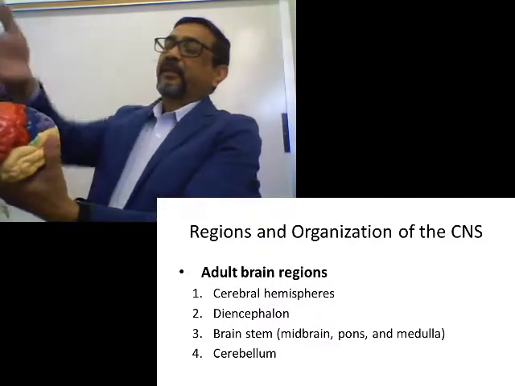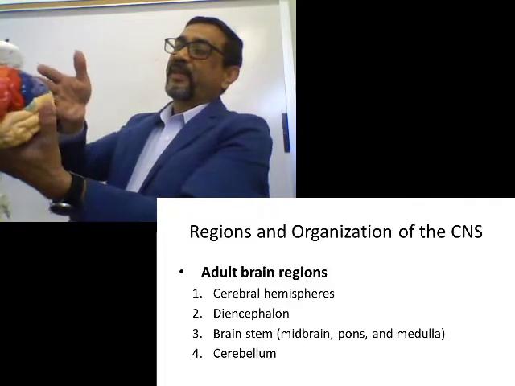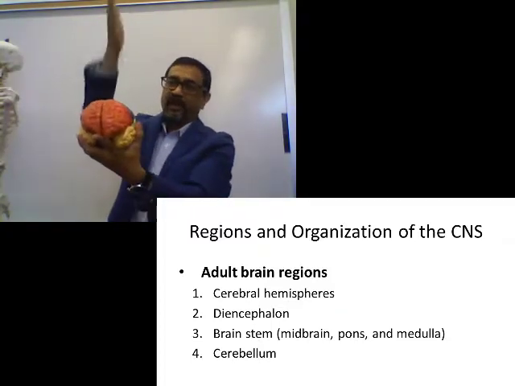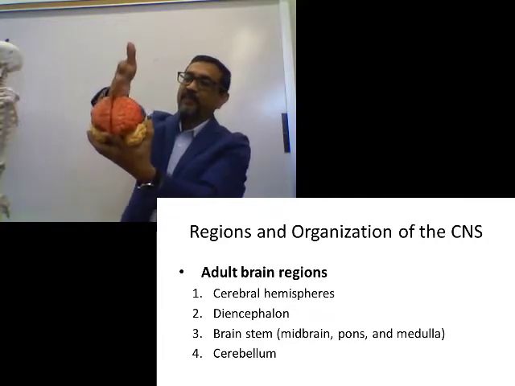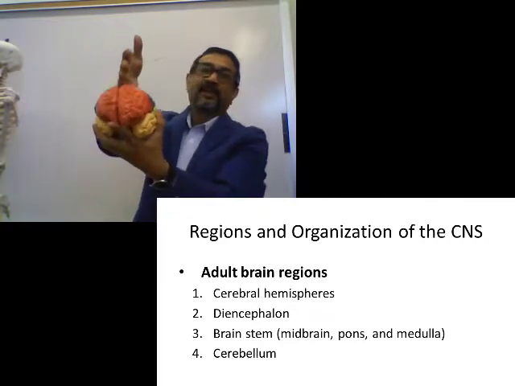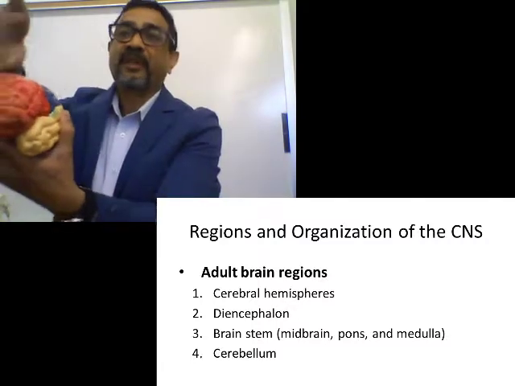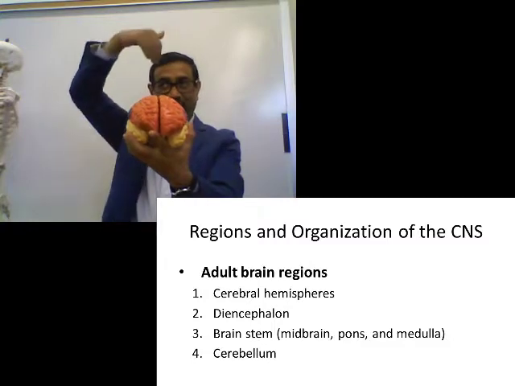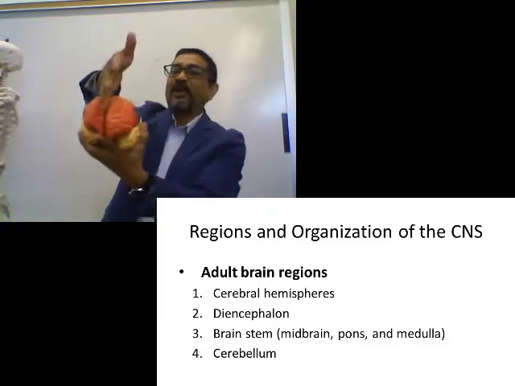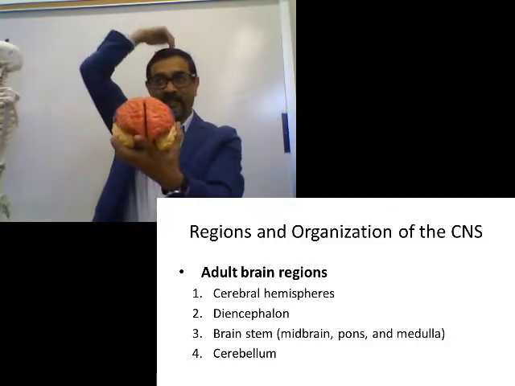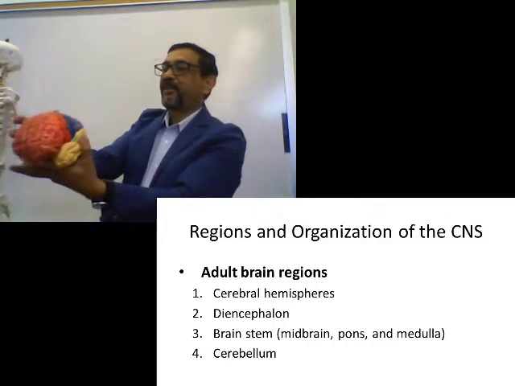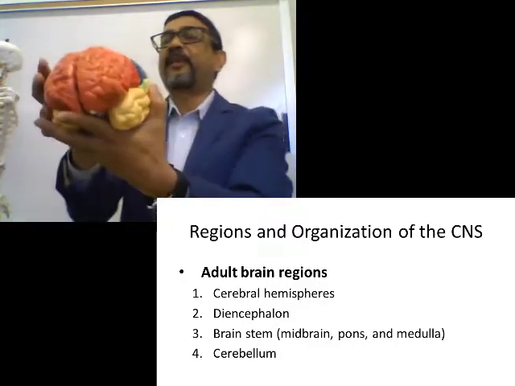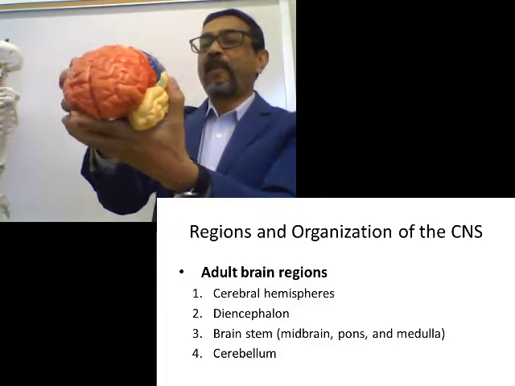And the hemispheres are separated by, you see here, what is called a fissure, a deep cut or groove. This deep groove is called the longitudinal fissure, going along the sagittal plane. You know, this is the sagittal plane. Remember that? Okay. So along the mid-sagittal plane, this fissure or deep groove is called the longitudinal fissure. That separates 2 hemispheres.